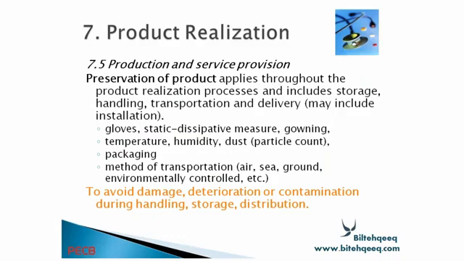And next is preservation of product, which applies throughout the product realization process and includes storage, handling, transportation, and delivery. It may include installation, gloves, static and dissipative measures, gowning, temperature, humidity, dust, particle count, packing, and methods of transportation, air, sea, ground, environmentally controlled, to avoid damage, deterioration, or contamination during handling, storage, and distribution.